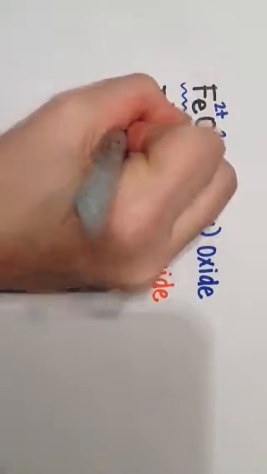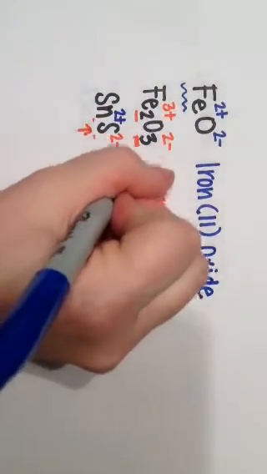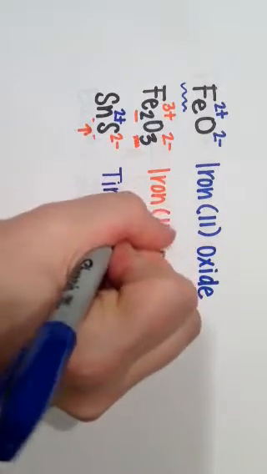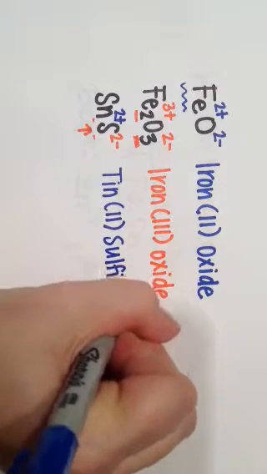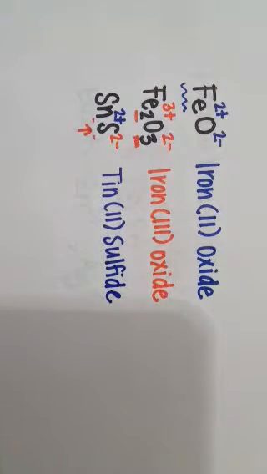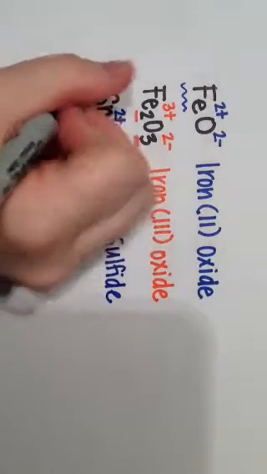Sulfur is a -2. So we can conclude that tin must be a matching +2. So this would be tin(II) sulfide.